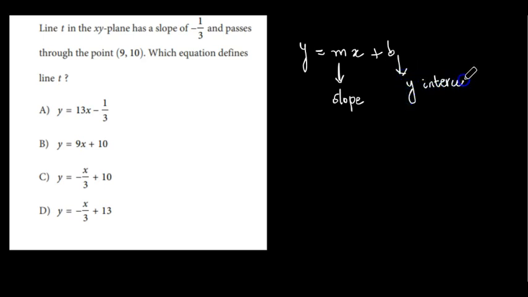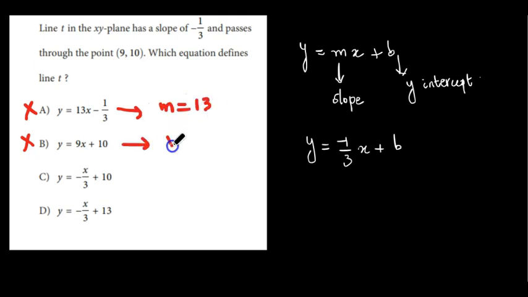Your slope is directly given, which is negative 1 over 3. So your equation should be of the form negative 1 over 3 x plus some b value. From these options, you can easily eliminate A and B, because for the first one your m value is 13, and for the second one your m value is 9. So you can eliminate those two options.